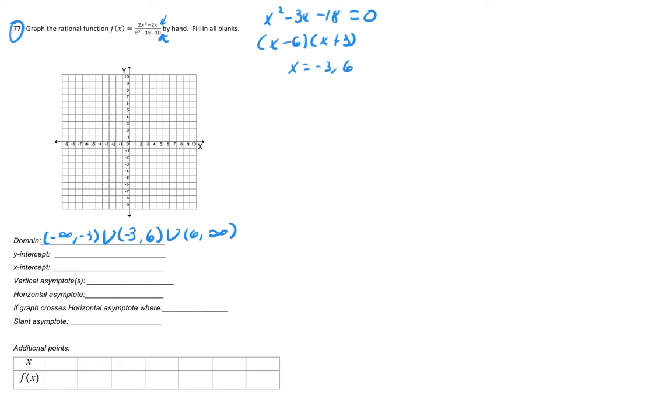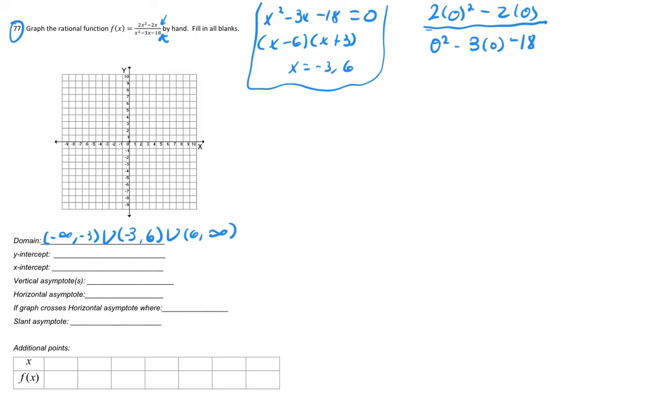It then asks for the y-intercepts. The y-intercept is when x is equal to 0. So we'll kind of block this off. 2 times 0 squared minus 2 times 0 all over 0 squared minus 3 times 0 minus 18.